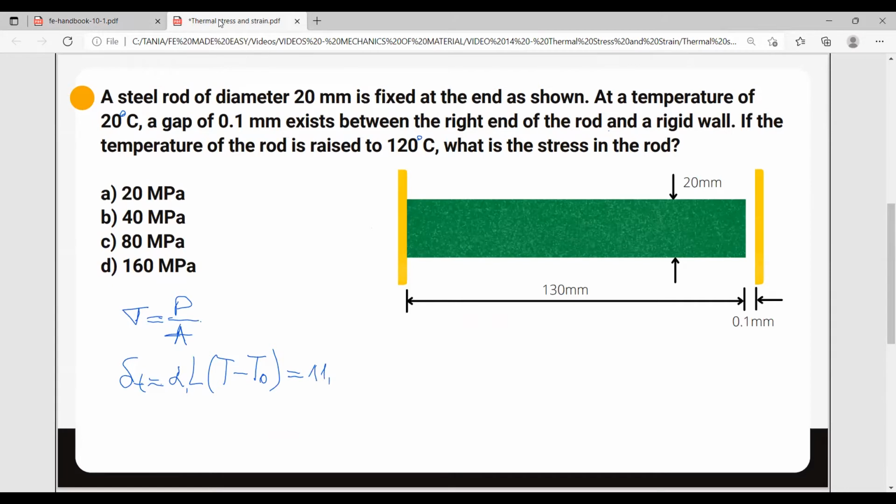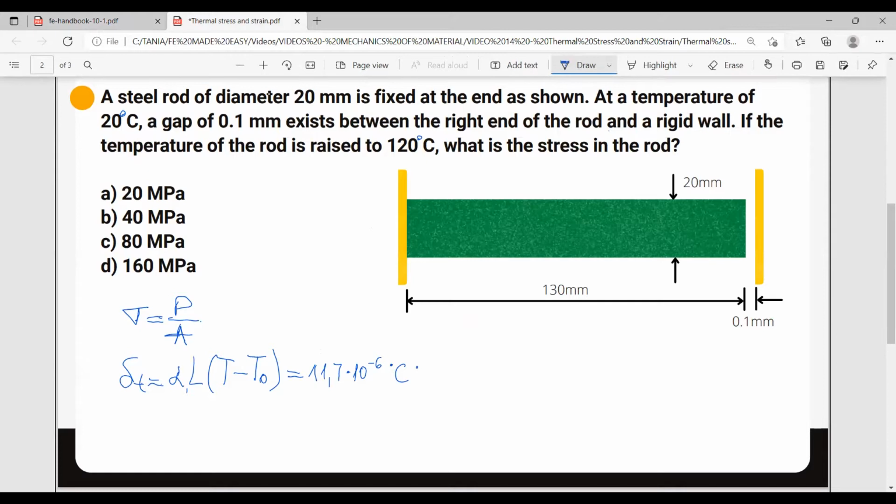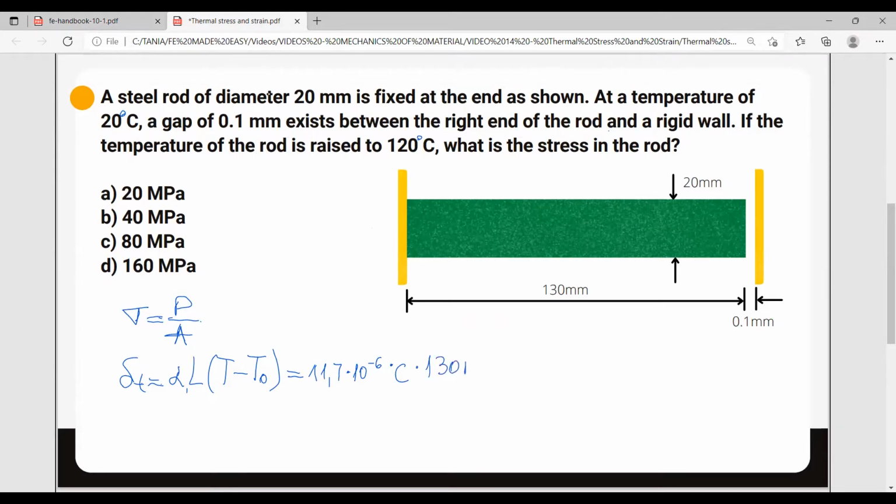So we have 11.7 times 10 to the minus 6 per degree Celsius, times the length of the rod, which is 130 millimeters, times delta T, 120 degrees Celsius minus 20 degrees Celsius, which is 100. So 100 times 130 times 11.7, divided by 1 million.